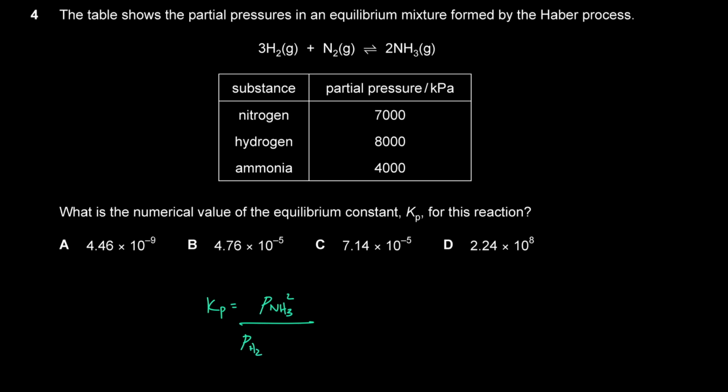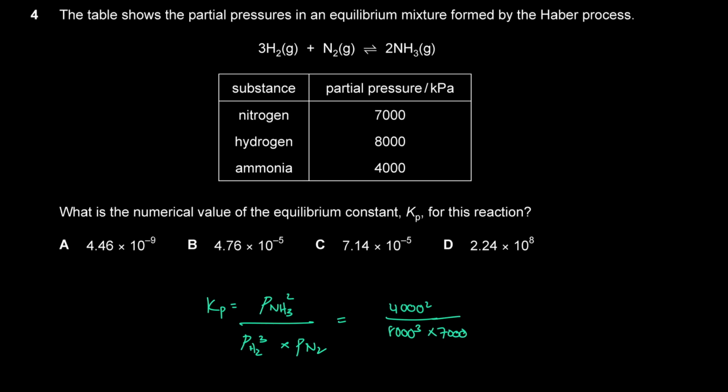We have partial pressure of hydrogen cubed, because the coefficient is 3, times the partial pressure of nitrogen to the power of 1. And then this is equal to 4,000 squared, that's the partial pressure of ammonia squared, divided by 8,000 cubed for hydrogen, times 7,000 for nitrogen.